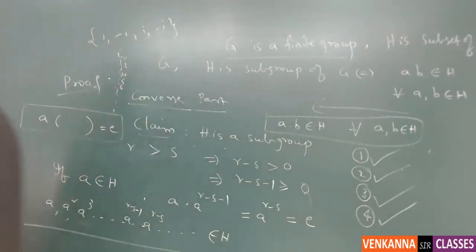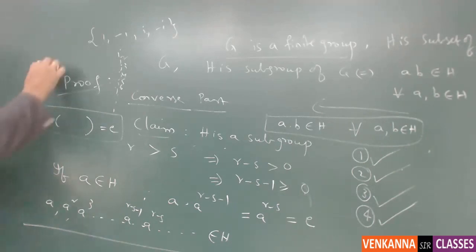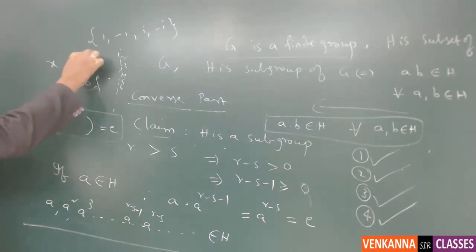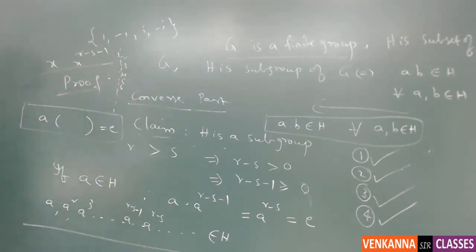Therefore, H has all the 4 properties so that it is a group. You please take a note of that. This is the proof of the part. So whenever you take X, its inverse is X power R minus S minus 1. That's all. This case is true for the finite sets, please understand, not for the infinite.